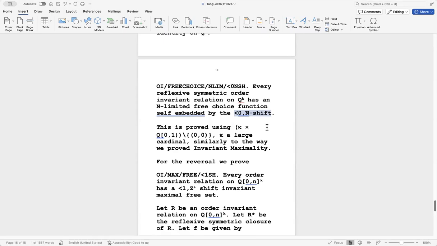In fact, this is a Pressburger function, basically of the simplest kind. It's not even using addition. It's just using successor.